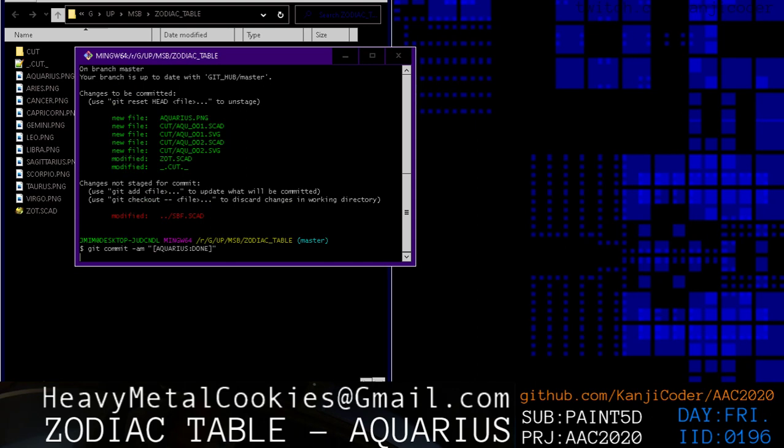And we're going to try to move on. We have one more symbol before we have all the zodiac symbols. We're trying to do all of this art with math, because it's just going to be easier for my product pipeline if all of these source files are in code.